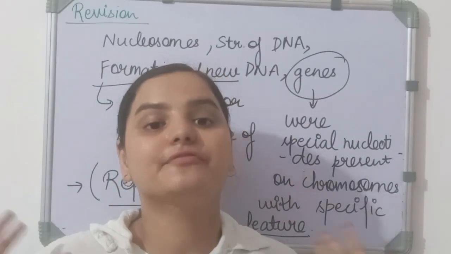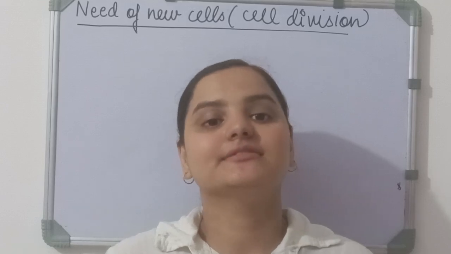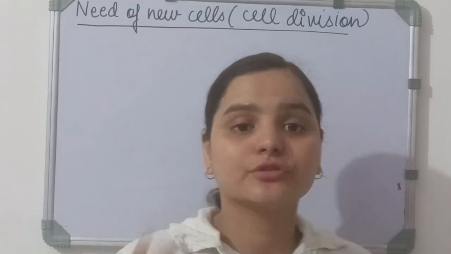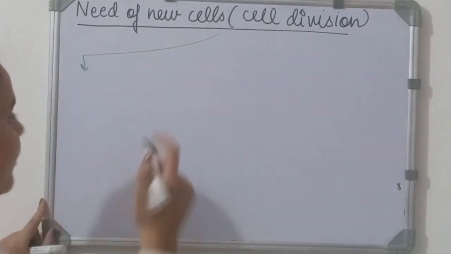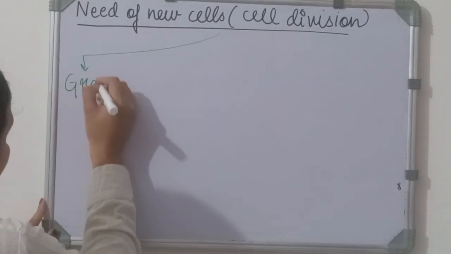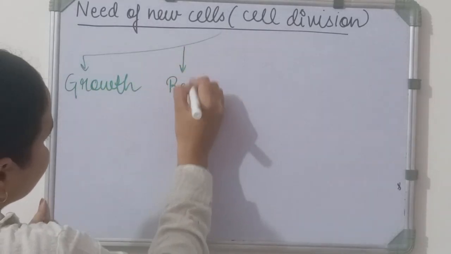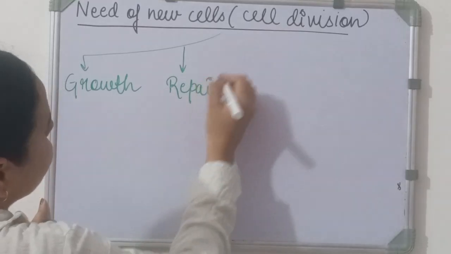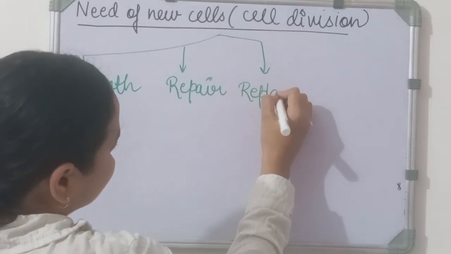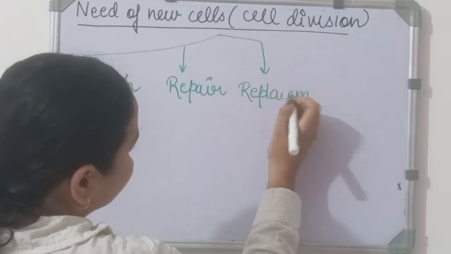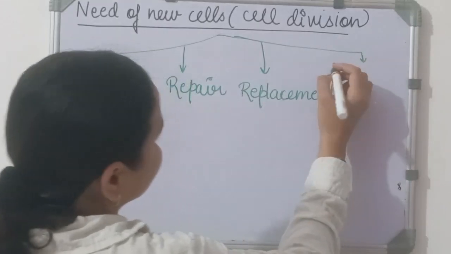Now let's begin with our first topic. Let's study why we actually need cell division. We need cell division for growth, repair, replacement, and reproduction.